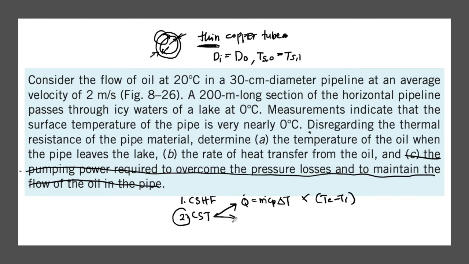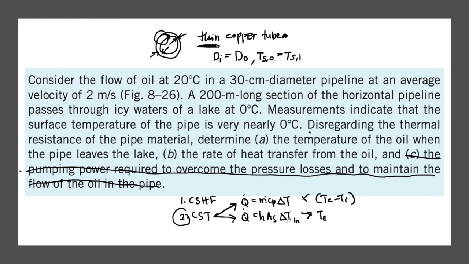Next, we have Q dot equal to h As delta T log mean. Wait a minute. In this equation, we have delta T log mean, and in the delta T log mean, we have to have T exit.